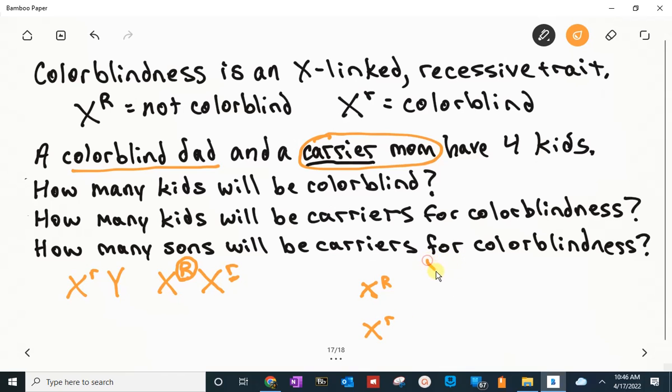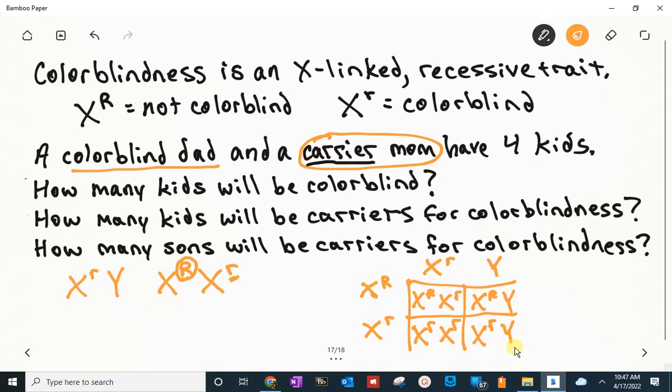And then the dad is going to have his X chromosome recessive for colorblindness, and then his other sex chromosome is going to be Y. So if we put these together, we're going to have an X dominant R and an X recessive R, an X recessive R and an X recessive R. And over here we're going to have an X dominant R and a Y. And down here we're going to have an X recessive R and a Y.